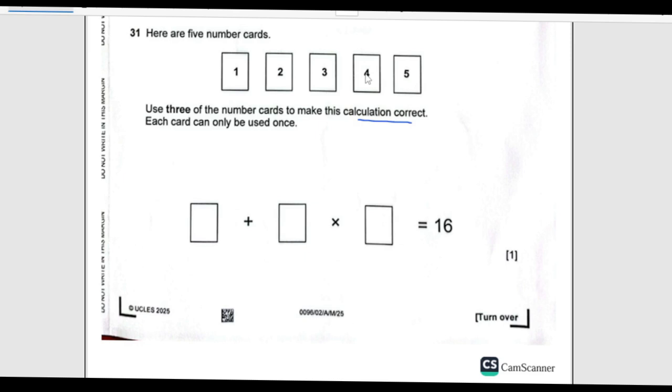If we take 1 and 2, 1 times 2, 3 times 2 is 6, 5 plus it should be 11, nope. 2 times 4 is 8 and 5. No, I think we have to go for that one again. It is going to be 1, 3 and 4, right. So, let me know in the comment section if you get any other answer.